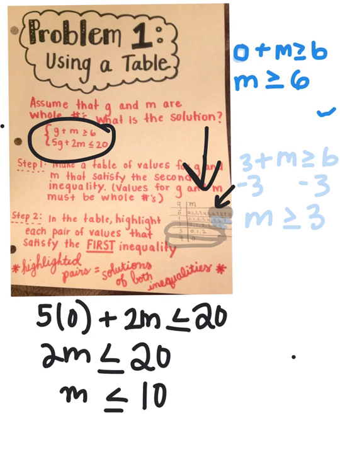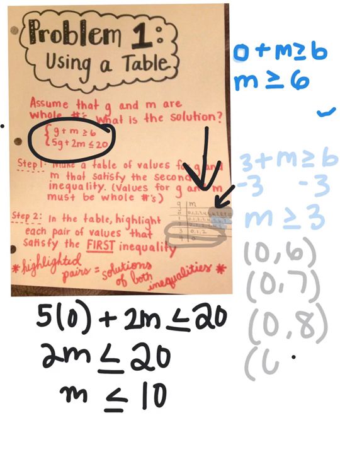The highlighted pairs, now when I say pairs, let's look at the first row, when g equals 0. We're going to write those as ordered pairs. So, for instance, (0, 6), (0, 7), this is all that's highlighted in that first row, (0, 8), (0, 9), (0, 10). All the highlighted pairs are the solutions of both inequalities.